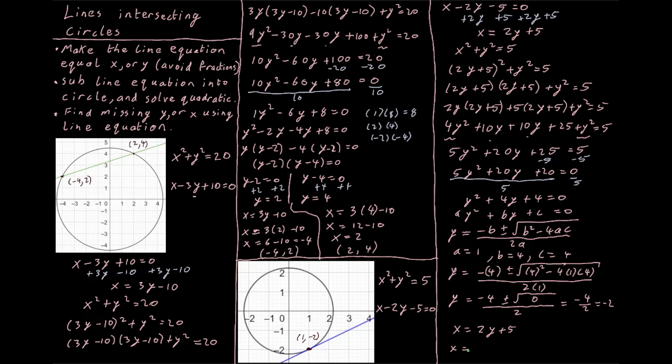So x would be equal to 2 on minus 2 plus 5, which is minus 4 plus 5, which is equal to 1. So, I've run out of space, our point of intersection is x is 1, y is minus 2, just as we found in our picture.